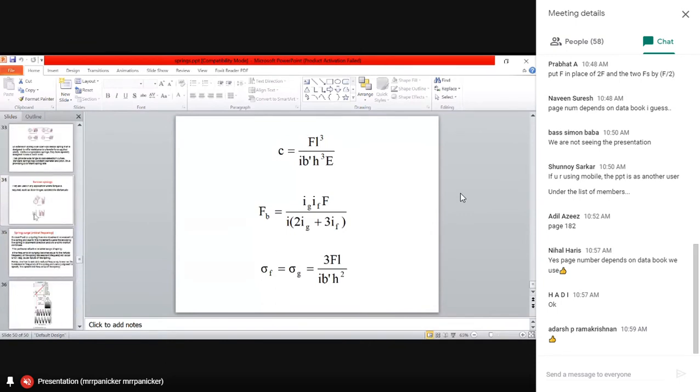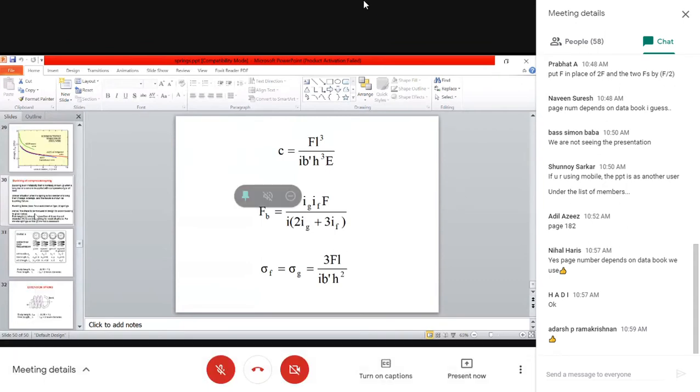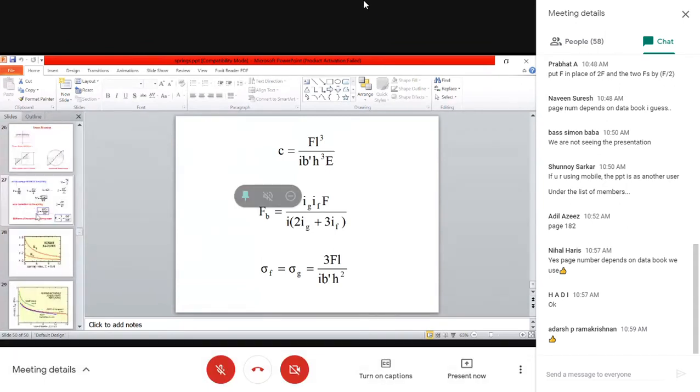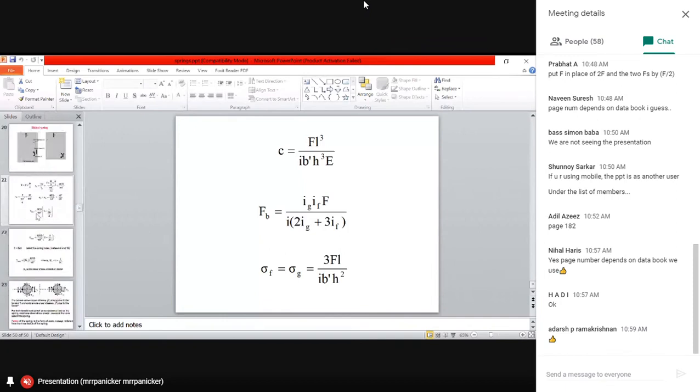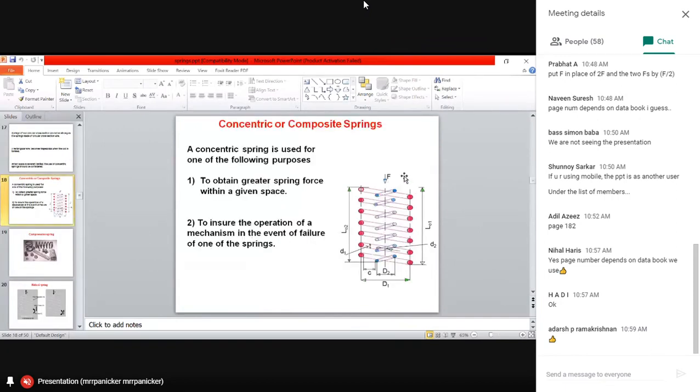Before winding up or going to the numericals, some examples. One more type of spring is called a concentric or composite spring.